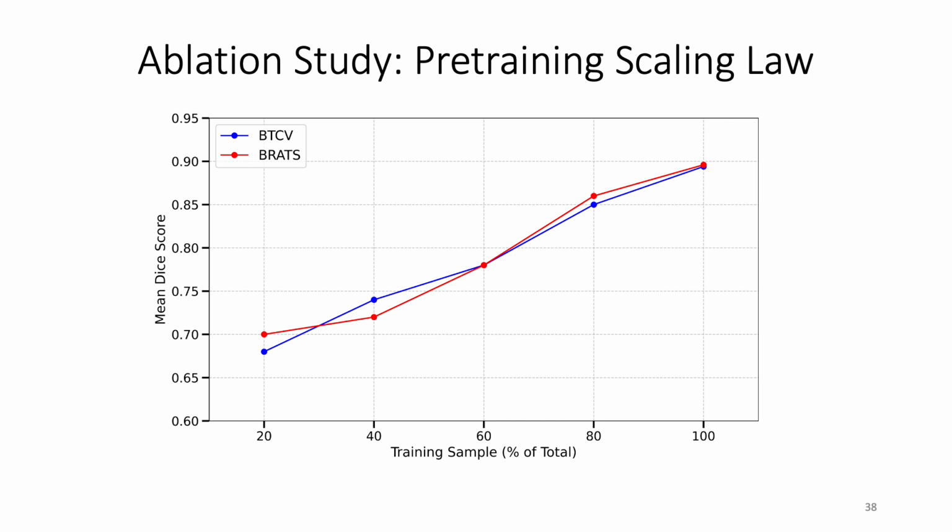And you can see that there is a linear increase in the performance on the downstream tasks as we increase the percentage of the pre-training UKBOB dataset from 20% to 100%. This confirmed the utility of the large scale pseudo labels that we collected in the UKBOB dataset.